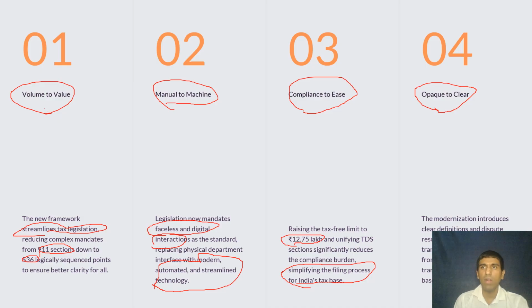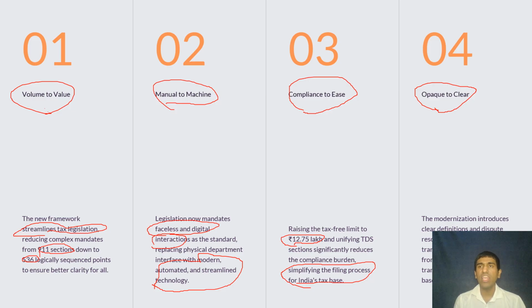Then this new act has also ensured better transparency. Under the old act, multiple sections meant that there was a lot of vagueness in what section to apply to what transaction. But now, fewer sections for more transactions means you could apply the same section for multiple transactions, and it is defined by the law, meaning there is more transparency, as in everybody knows what to do.